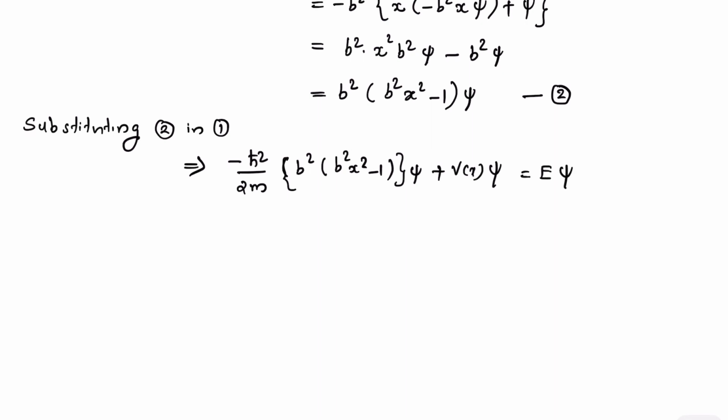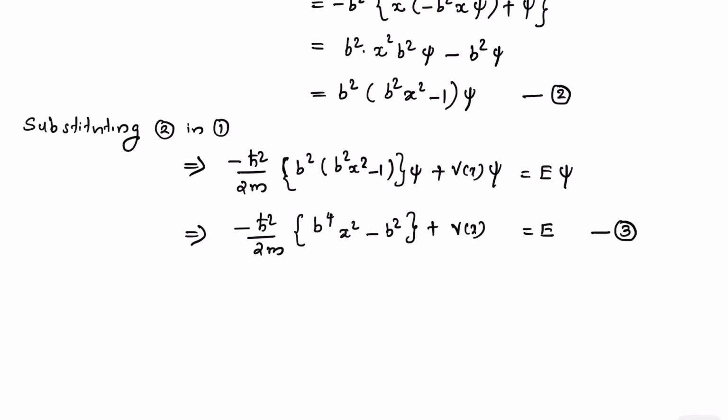Now psi is common, so you can eliminate psi. The remaining term is minus h bar squared by 2m. The first term is b raised to 4 x squared. The second term is minus b squared, plus V of x, that is equal to E. Let it be our equation number 3.